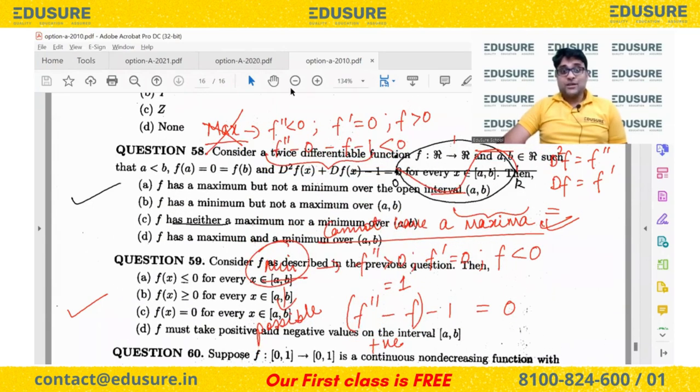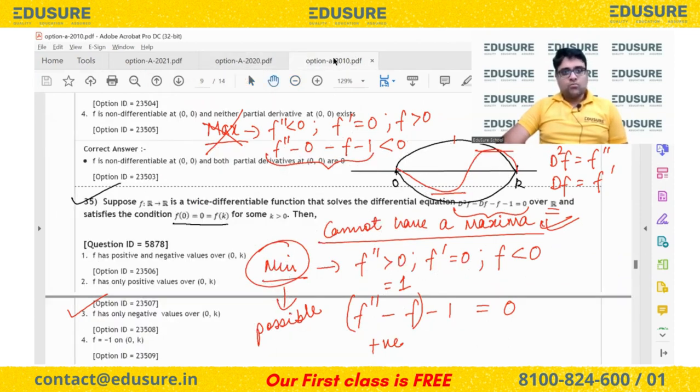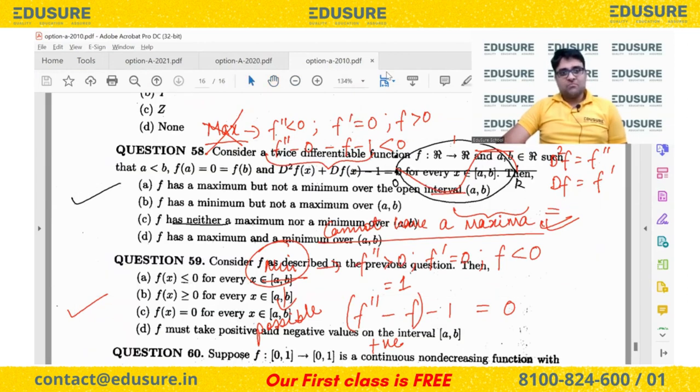Just take a look at this. DSC 2020 question number 35 is very similar to DSC 2010 question number 58.